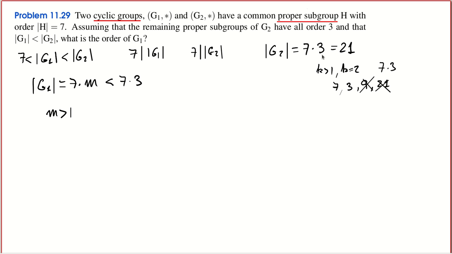So that implies that m has to be smaller than 3. So it has to be larger than 1 and smaller than 3, and the only possibility is that m is equal to 2. Therefore, the size of G1 has to be 7 times 2, which is 14. So the order of the group G1 has to be 14, given all these pieces of information.